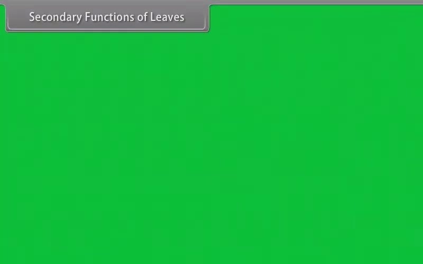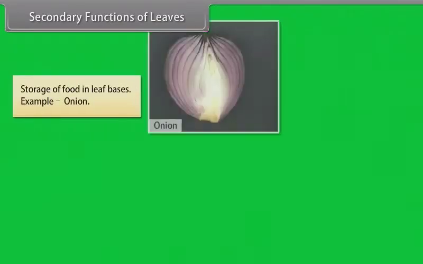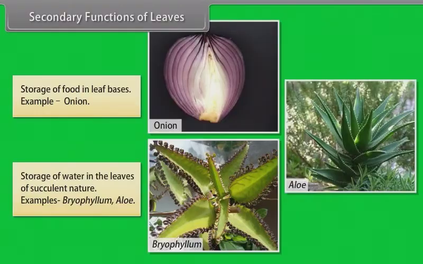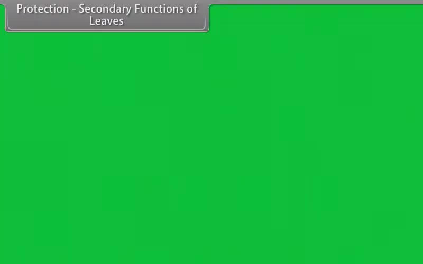Secondary functions of leaves. The storage of food in leaf bases. Example: onion. The storage of water in the leaves of succulent nature. Example: Bryophyllum, aloe. Protection.